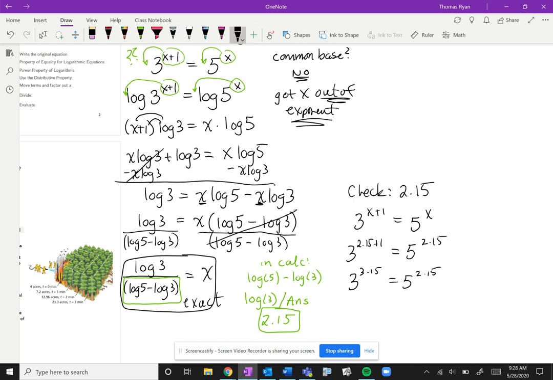So 3 to the 3.15, we get 31.837, and 5 to the 2.15, 31.826. I mean, yeah, with rounding, absolutely. So we get 31.8 equals 31.8. And again, you just want to check it.